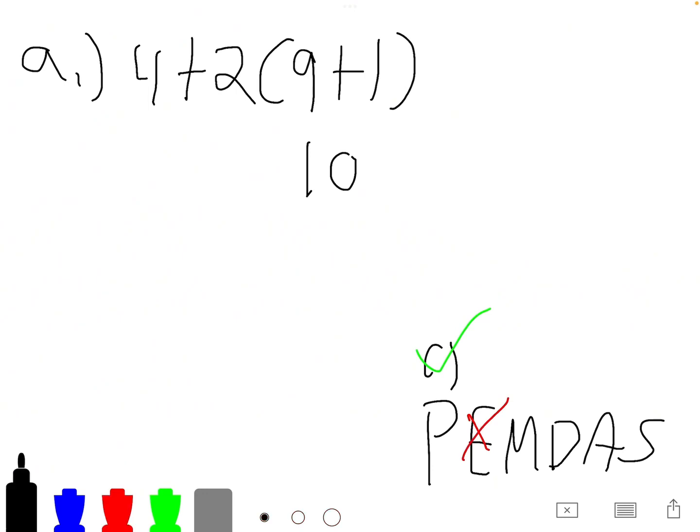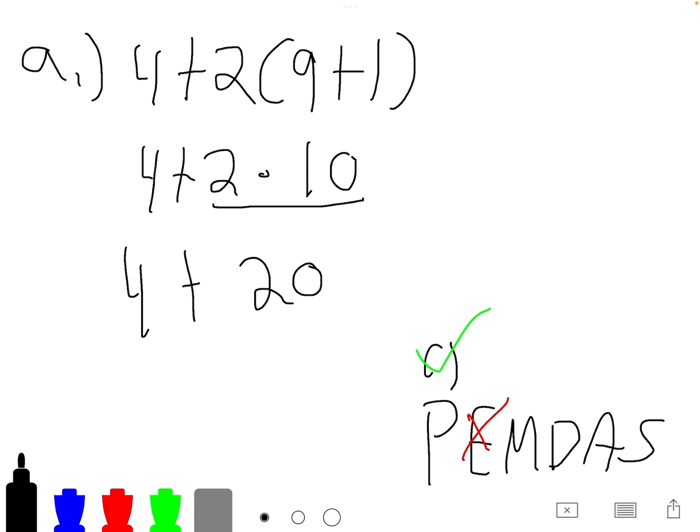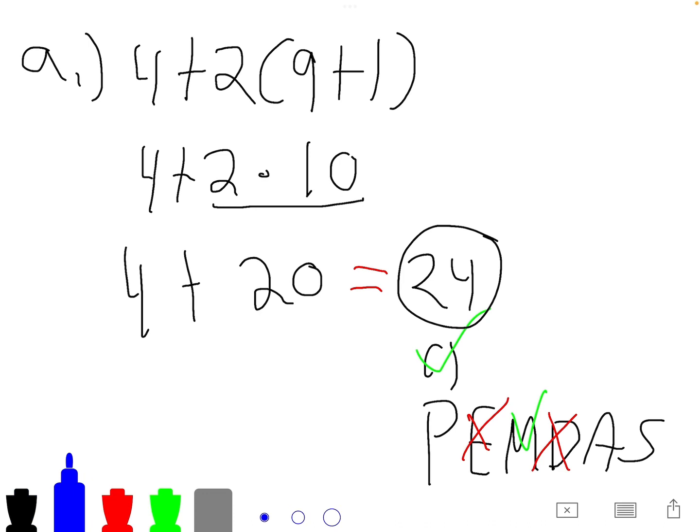So you're going to do 4 plus 2 times 10. So you take the 2 times 10 and you get 20. And then you're just left with the 4. We've done our multiplication. There's no division. And now we have to add. 4 plus 20, 24. And there is no subtraction, and we've done our adding. So there is the first one.